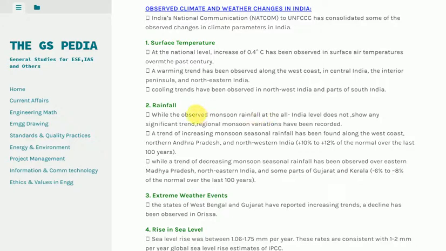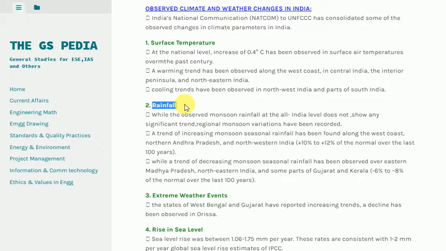2. Rainfall. While the observed monsoon rainfall at the all-India level does not show any significant trend, regional monsoon variations have been recorded. A trend of increasing monsoon seasonal rainfall has been found along the west coast, northern Andhra Pradesh, and northwestern India, 10% to 12% of the normal over the last 100 years.